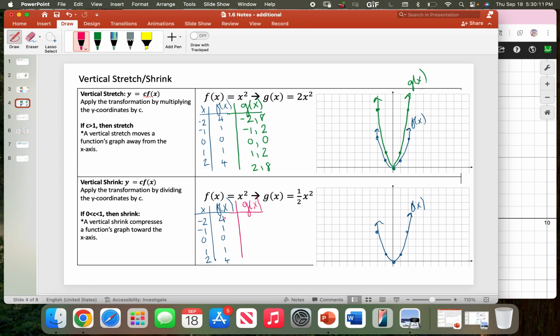Okay, so now it should be multiply. So this one's going to be -2, 2. It should be -1, 1/2. This is 0, 0. This is 1, 1/2. And this is 2, 2.